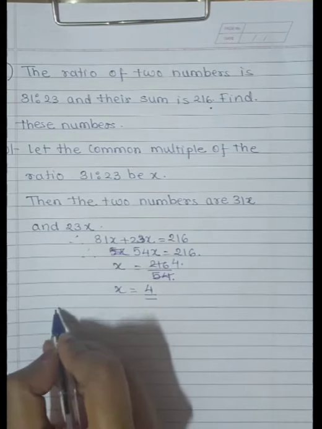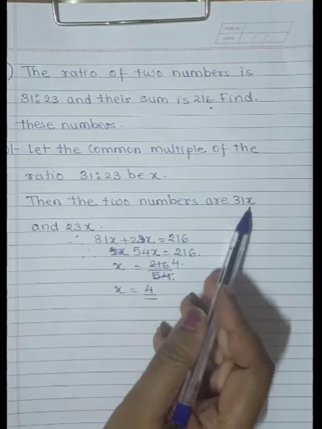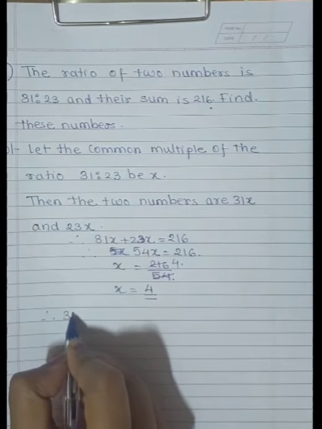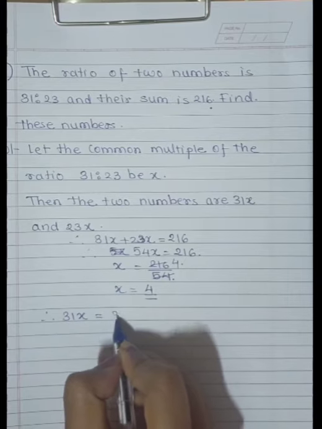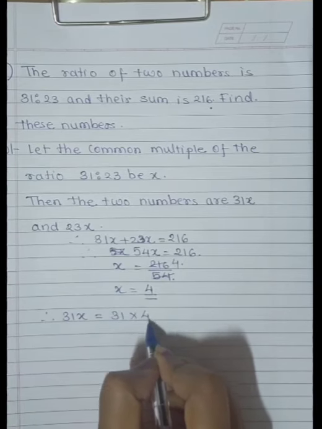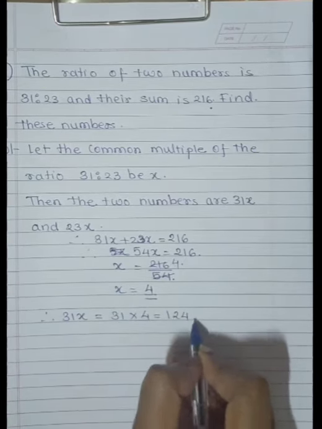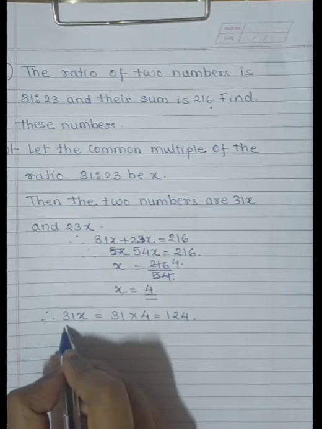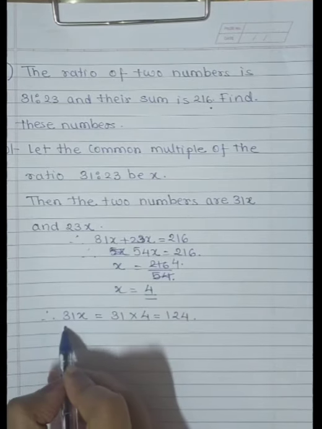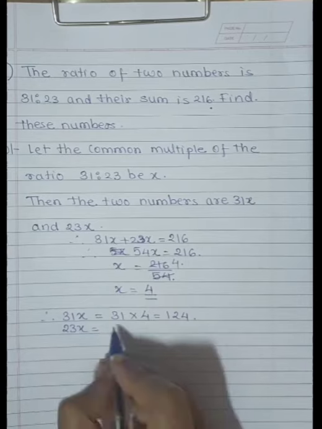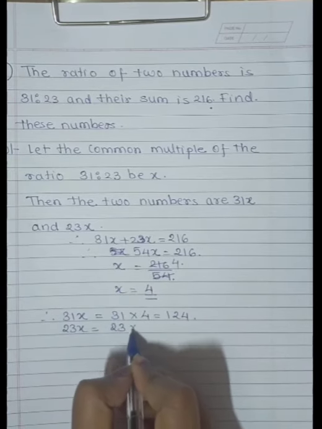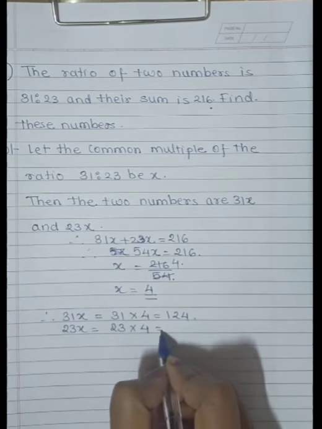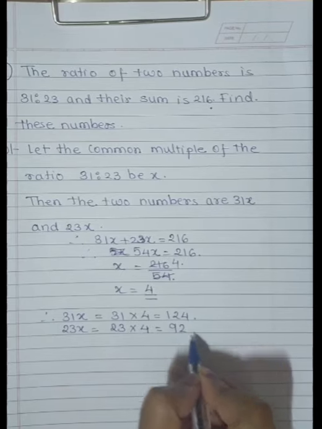Now the first is what given? 31x is given. Therefore 31x equal to 31 into 4 will get 124. Okay, next is what? 23x. 23x is equal to 23 multiplied by 4 equal to 92.